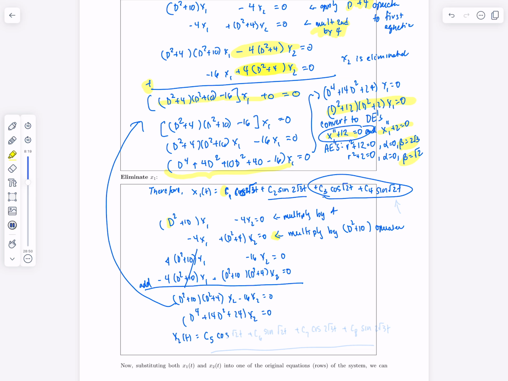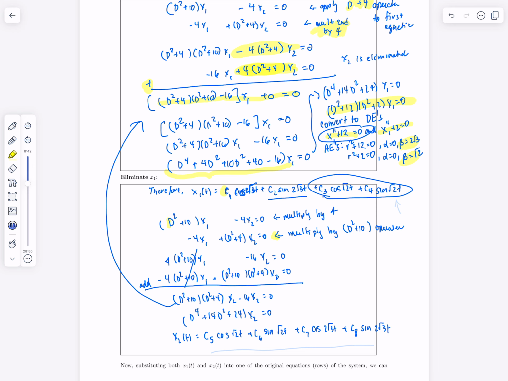C5, let's say, cosine of square root of 2 t plus, say, C6 sine of square root of 2 t plus C7 cosine 2 times the square root of 3 t plus C8 sine 2 times the square root of 3 t.